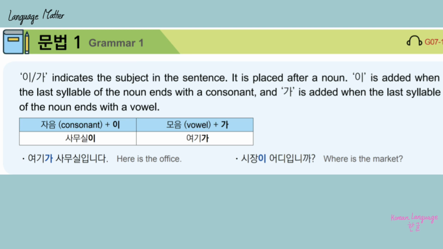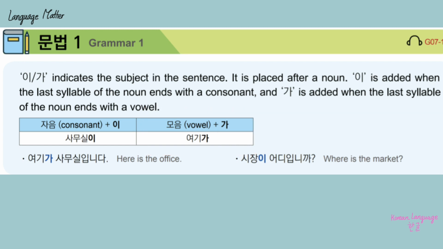Look at the chart below. The ending consonant is followed by 이. For example, 사무실이, the office. And the ending vowel is followed by 가. For example, 여기가, here. Does that make sense? Is that clear?